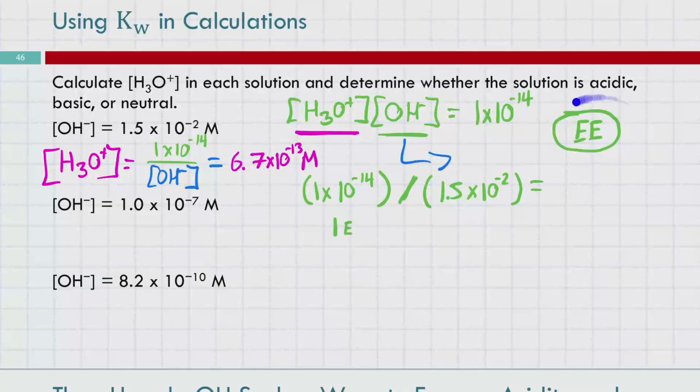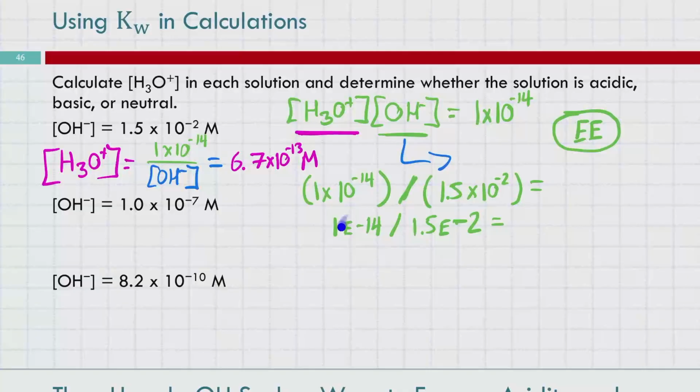You can press this double capital E key, and what this small capital E means is times 10 to the, and then the number that follows it. So we would just write 1 E negative 14 divided by 1.5 E negative 2 equals.